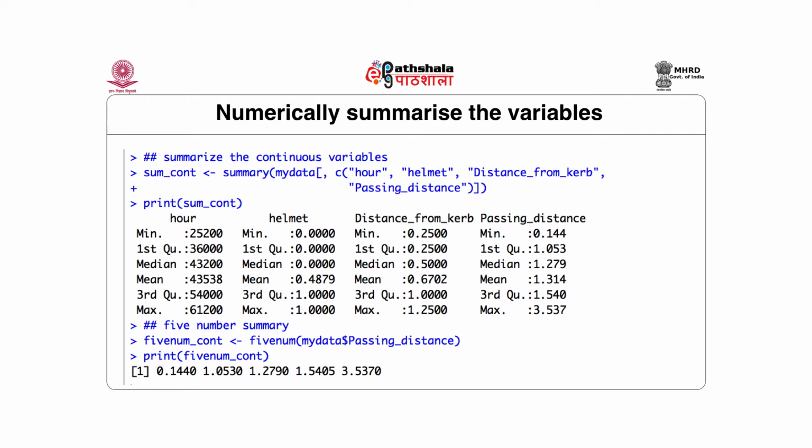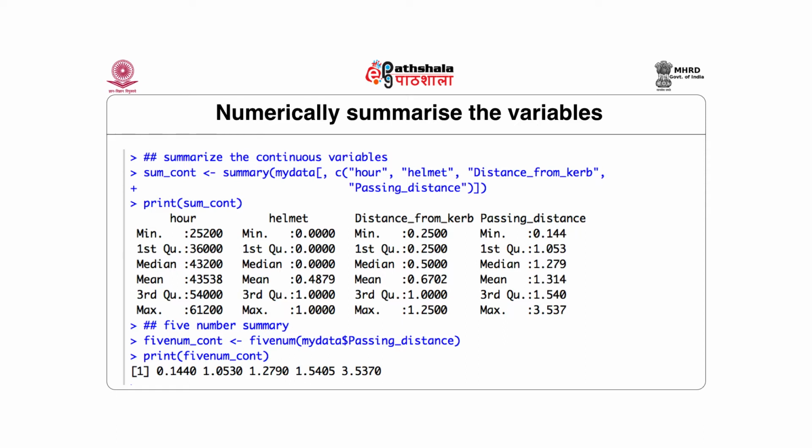A very common and popular way of looking at summary statistics of continuous variables is to order from most statistical packages a routine which is known as the 5-number summary.